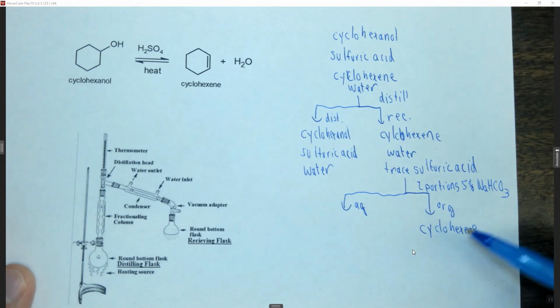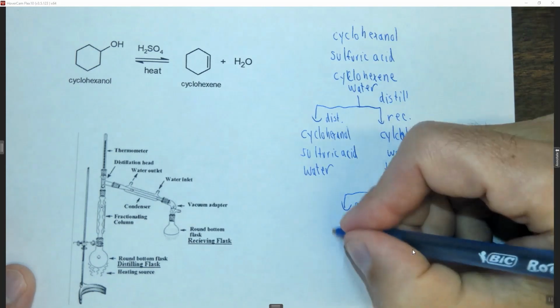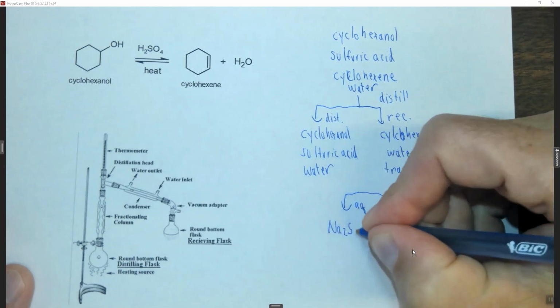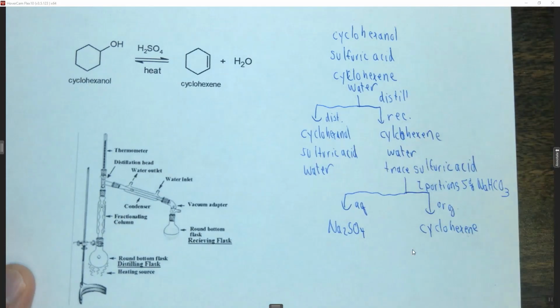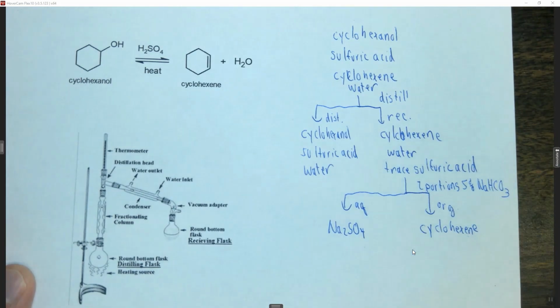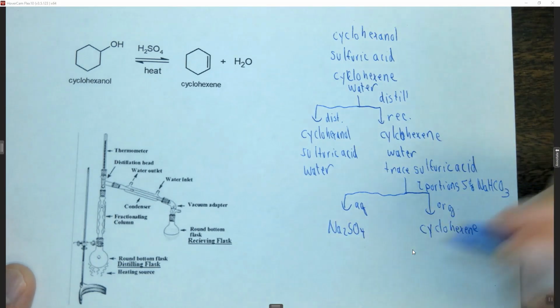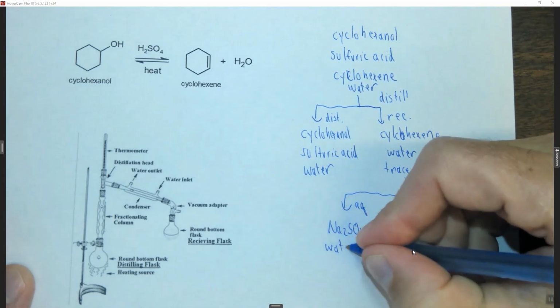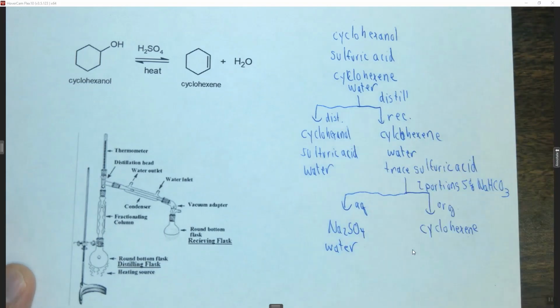Now, in your aqueous layer, you may have some sodium sulfate if you had any unreacted sulfuric acid. It will be converted to sodium sulfate. Sodium sulfate is ionic, and it will not go into the organic layer. If you did have some of this, okay, you're certainly going to have water. That's redundant for the aqueous layer. That could be there or not.